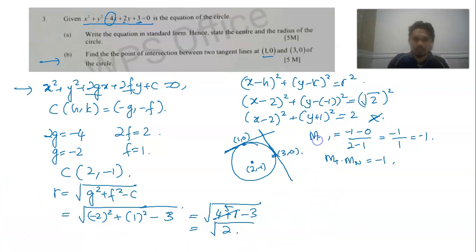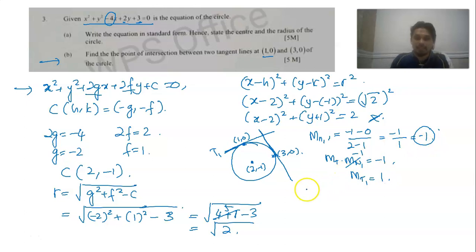Gradient of normal 1 is negative 1. So then gradient of tangent 1 equal to negative 1 divided by negative 1 equal to 1.